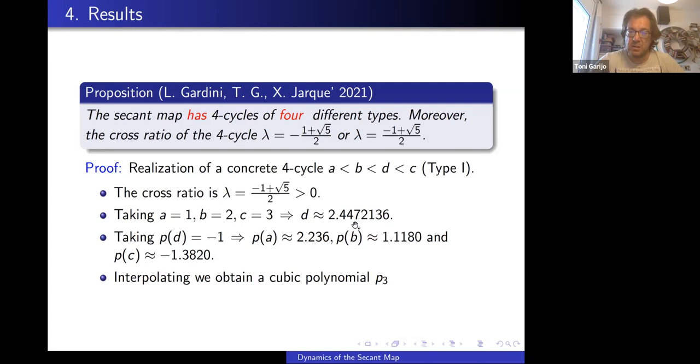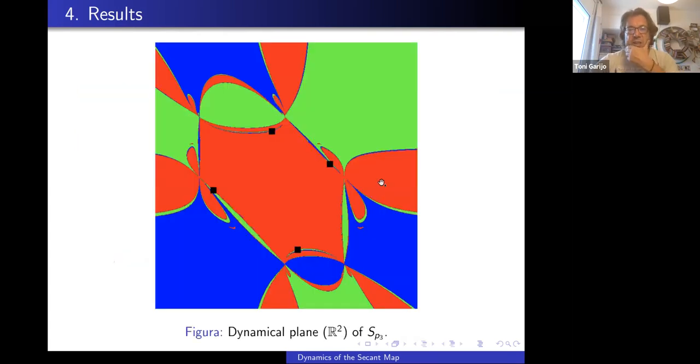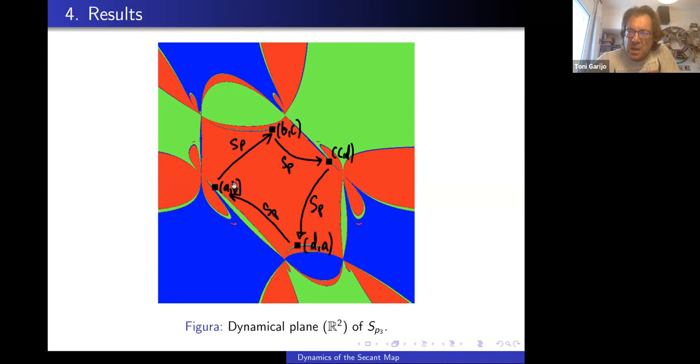That is important. We plot this 4-cycle in the dynamical plane, and basically what we see is that this 4-cycle, AB, BC, CD, and DA, is on the boundary of the immediate basin of attraction.